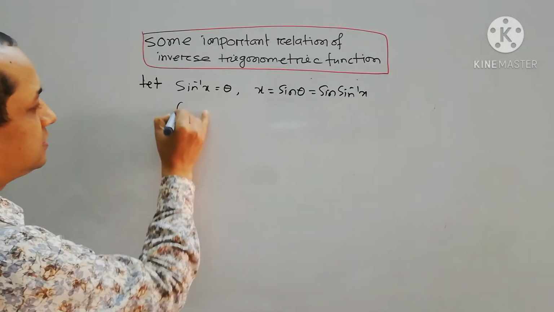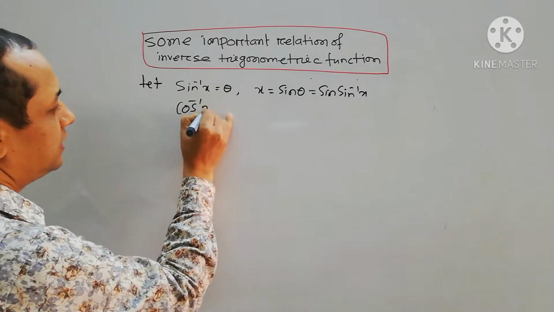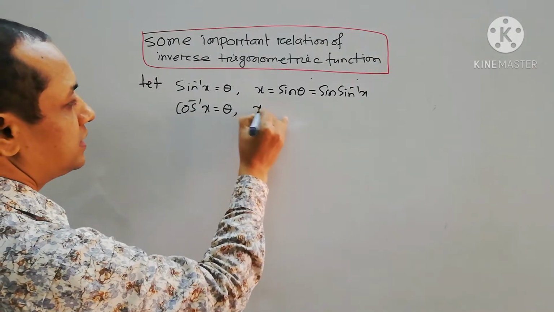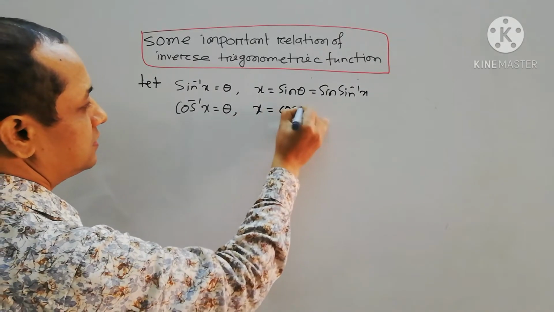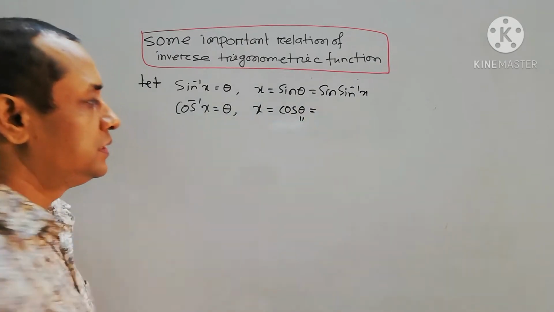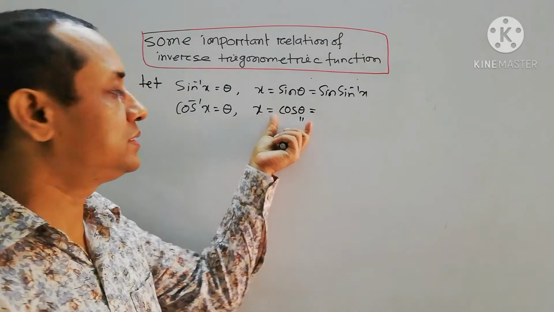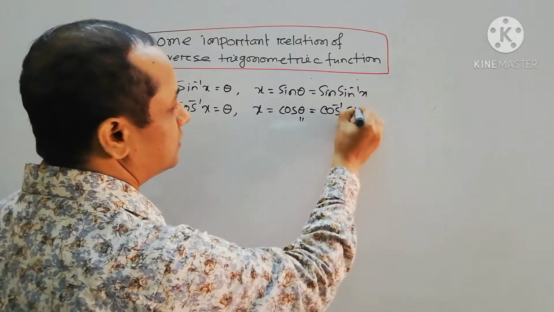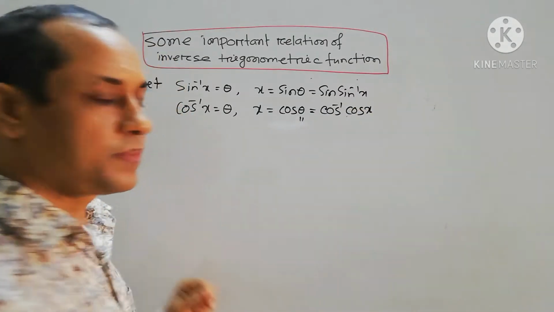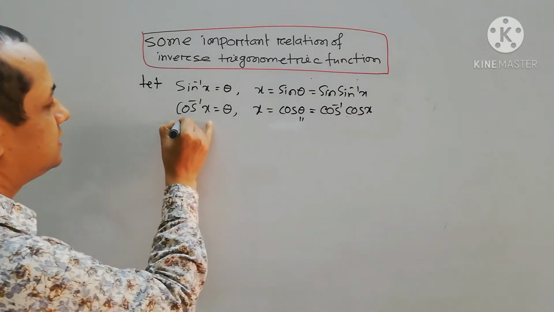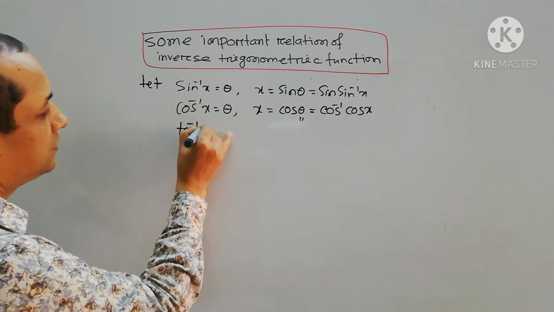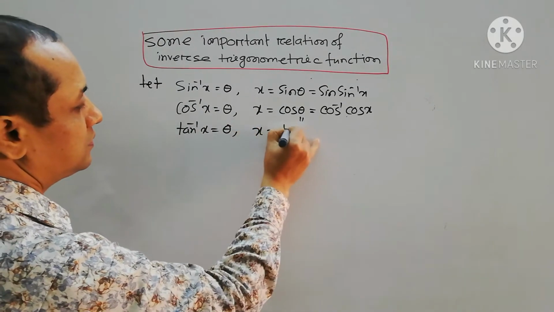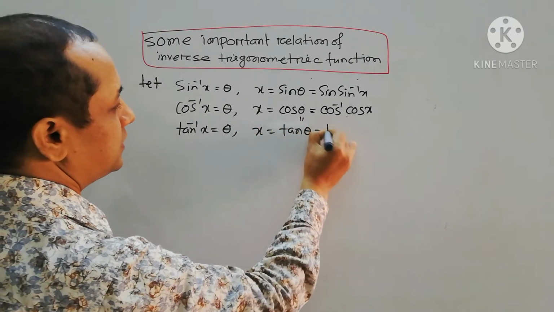And again let cos inverse x equals theta, then we can write x equals cos theta. Now putting the value of theta equals cos inverse x, so cos of cos inverse x equals x. Again let tan inverse x equals theta, so x equals tan theta.